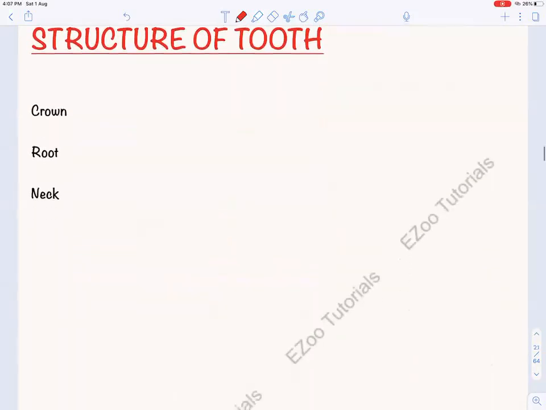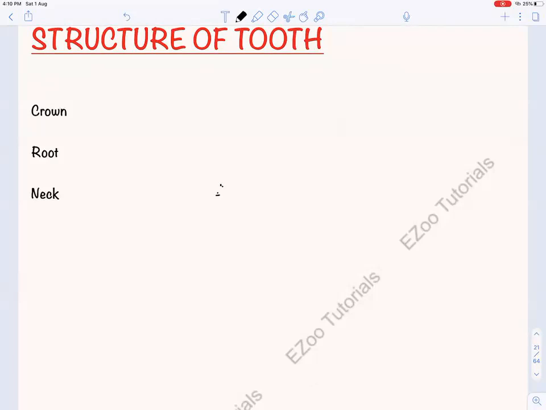Okay, so let us move forward and do the structure of the teeth. As you might be knowing, the first part that is visible is the crown, and the second part is the root.